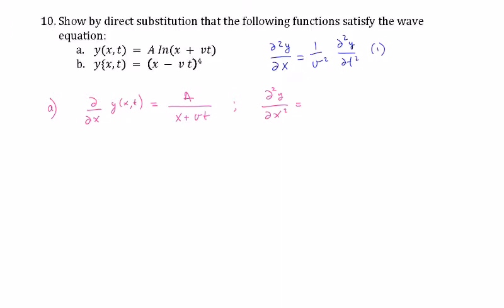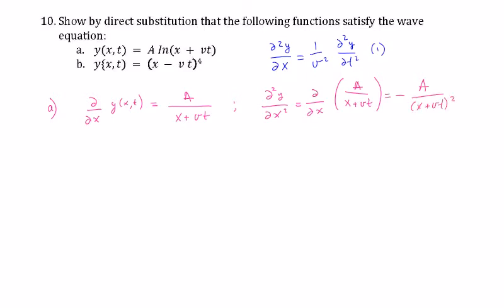I'm taking the derivative of my answer, that would be d dx of a over (x plus vt), which equals negative a over (x plus vt) squared.